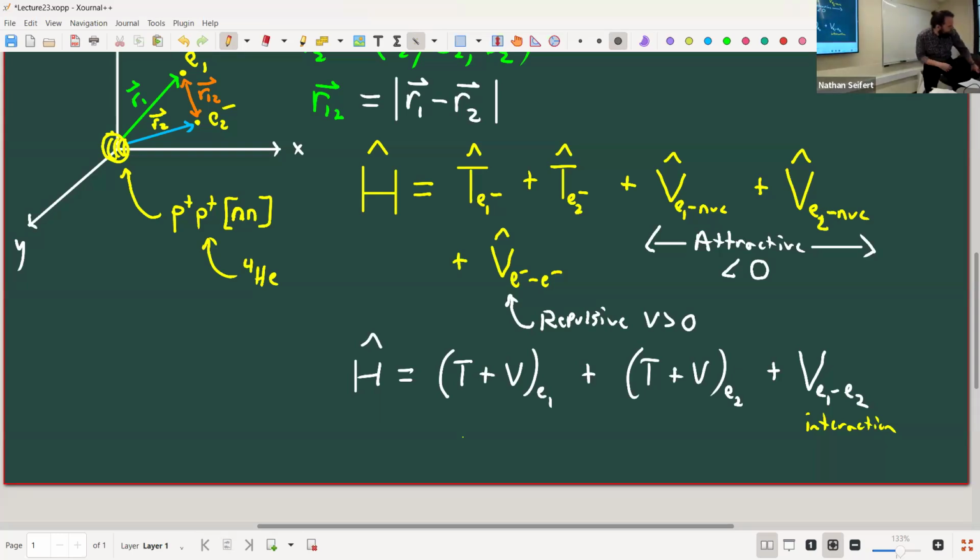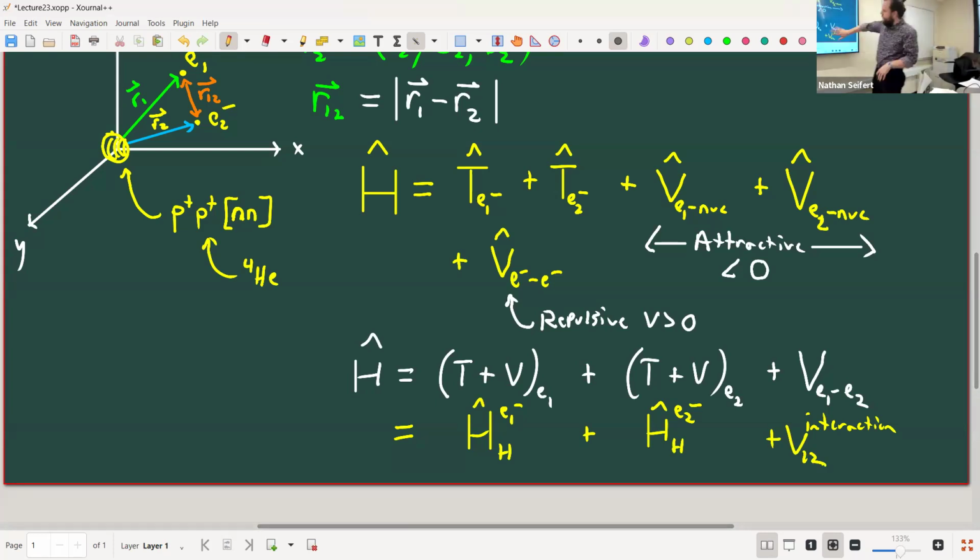So what I could write is that this Hamiltonian is a Hamiltonian for a hydrogen atom centered at electron 1 plus a hydrogen Hamiltonian centered around electron 2 plus this interaction term, which we'll call V12.